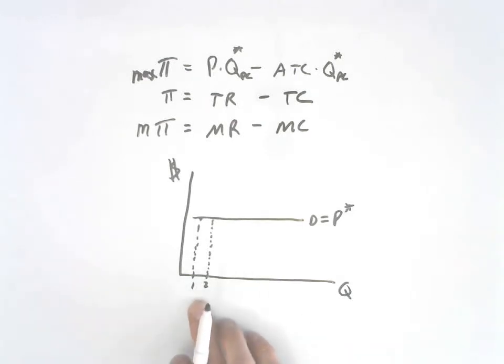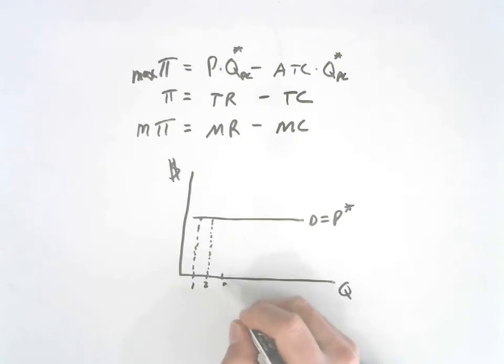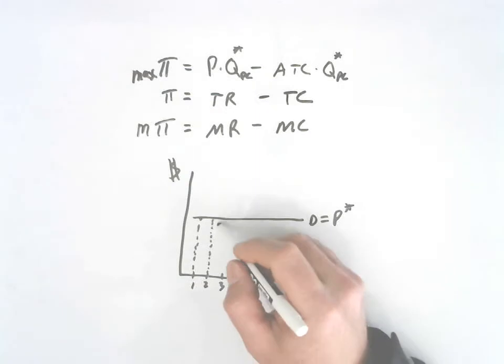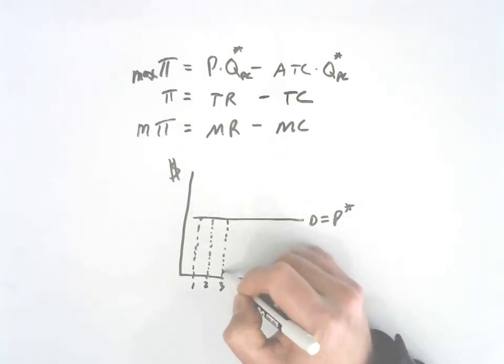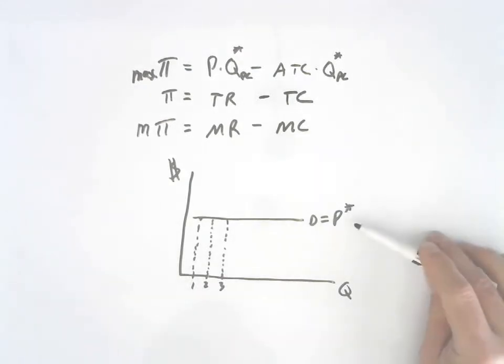So how much did total revenue change? By the price level. If he sells a third unit, what's the total revenue generated from selling all 3 units? It's the revenue from the first unit plus the second unit plus the third unit, and the revenue from the third unit is equal to the price level of the product.